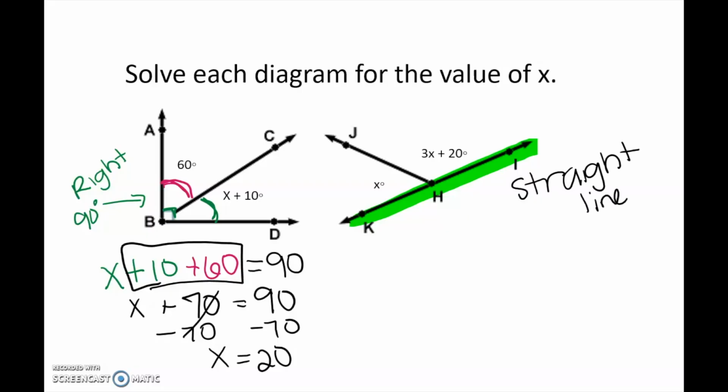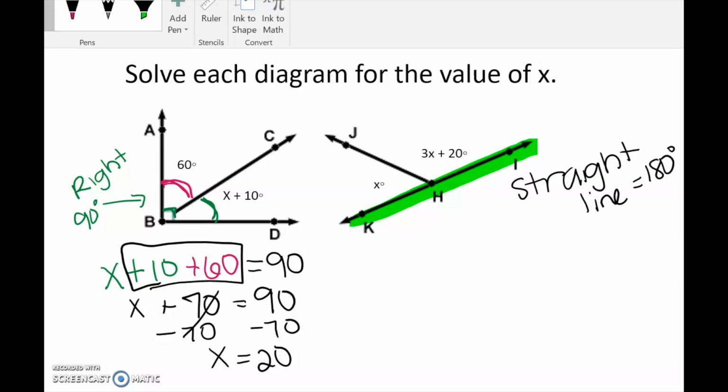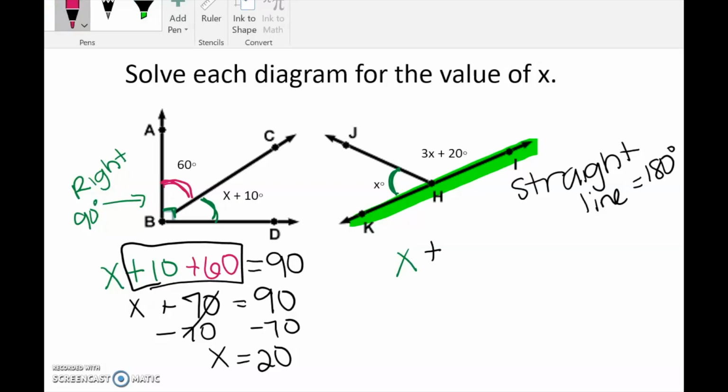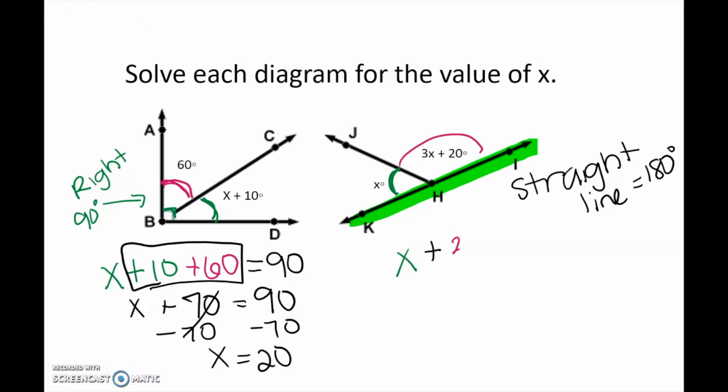So if I take the two parts that make up this straight line, the green part is x, and if I add that to this red part over here, which is 3x plus 20, my total equals 180 degrees.